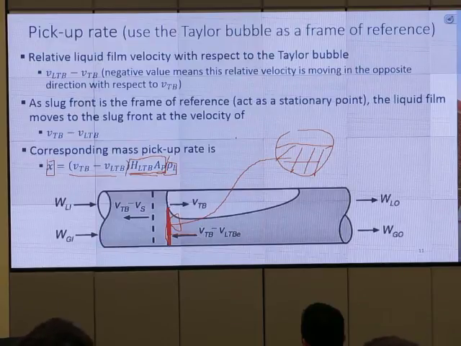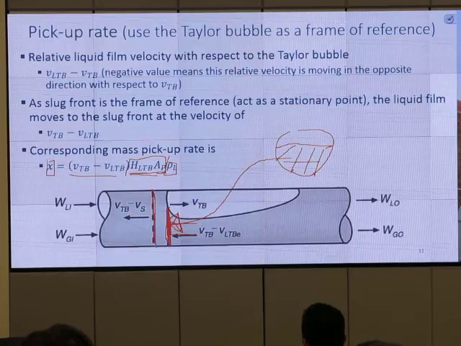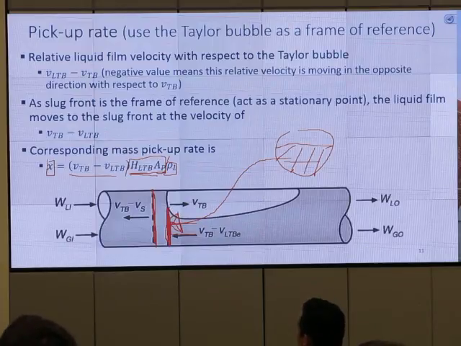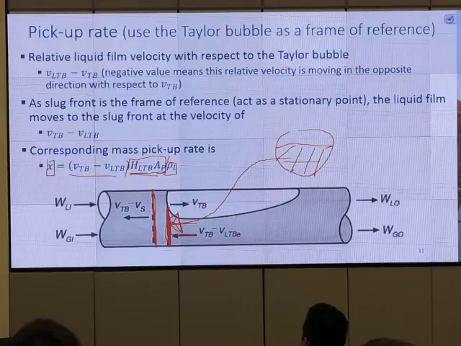So we have a pickup rate. Of course, the mass going into this red boundary should be the same as this dashed boundary. If not, this length will expand. So mass going into this red boundary should be the same as mass going into boundary 2.